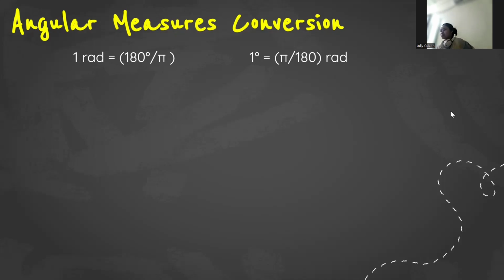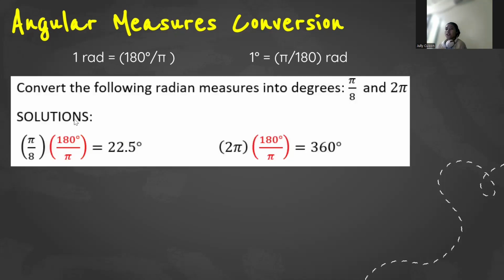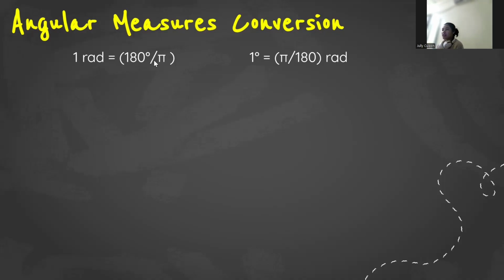Okay. For example, convert the following radian measures into degrees. First given is pi over 8. So, let us try to convert pi over 8 to degrees. Since our goal is to convert this to degrees, of course, we need to use the conversion formula 180 degrees over pi.